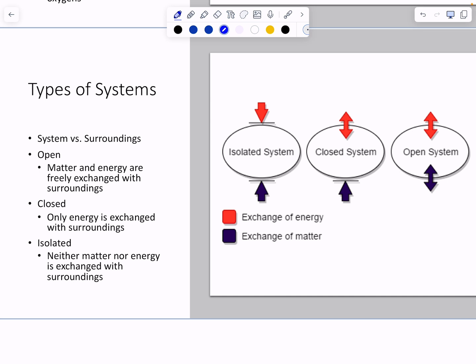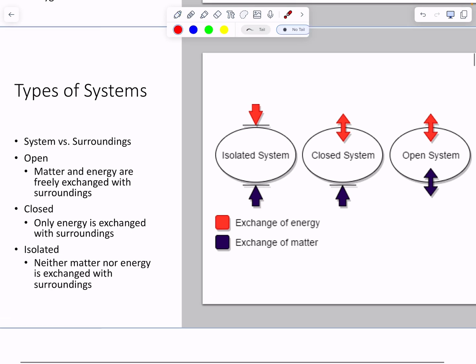We have isolated systems that cannot exchange energy or matter with their surroundings. We have closed systems where they can exchange energy but not matter. And we have open systems where everything's a go. You can exchange energy and matter with your surroundings.